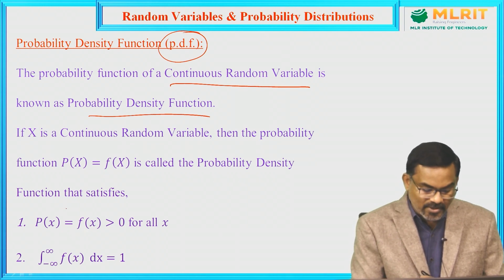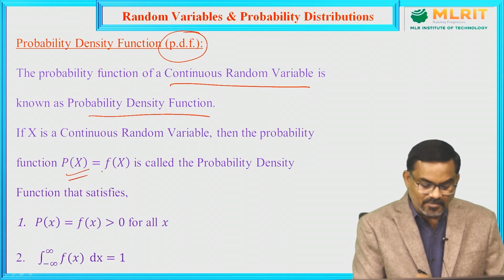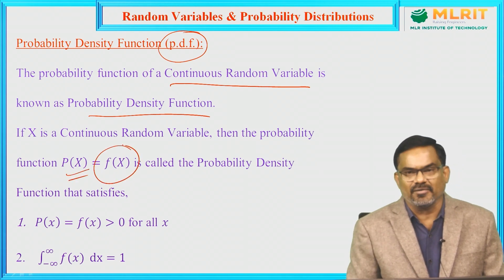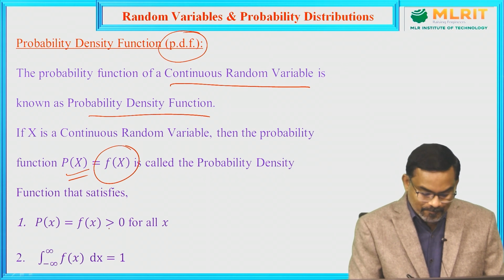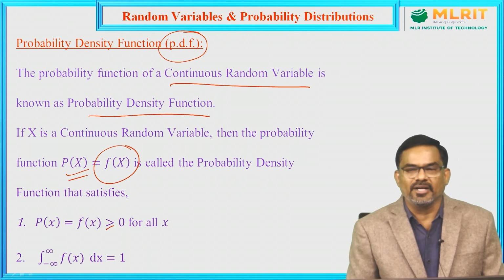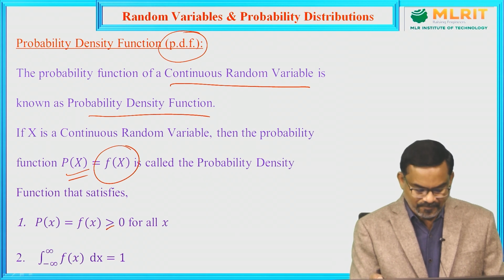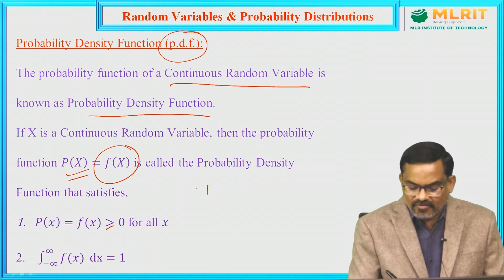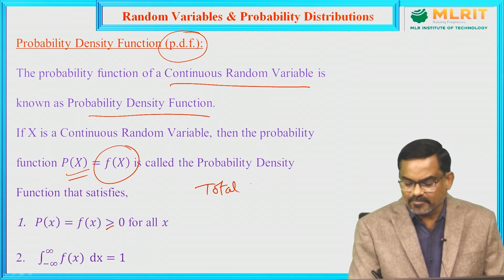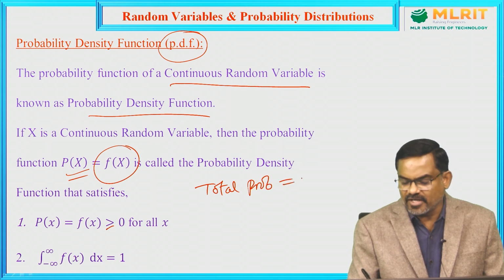Here the probability of the random variable is denoted by a function f of x, and again this must be a non-negative value, greater than or equal to 0, and the property is the same: total probability is always unity.